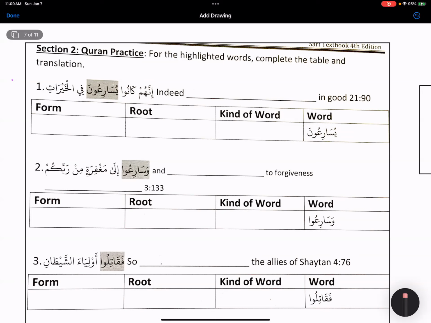Kind of word is basically siga, whether to say the tense or the family number. The root is jasar, and the form is bab. What bab is it? Okay, so this is what it is.